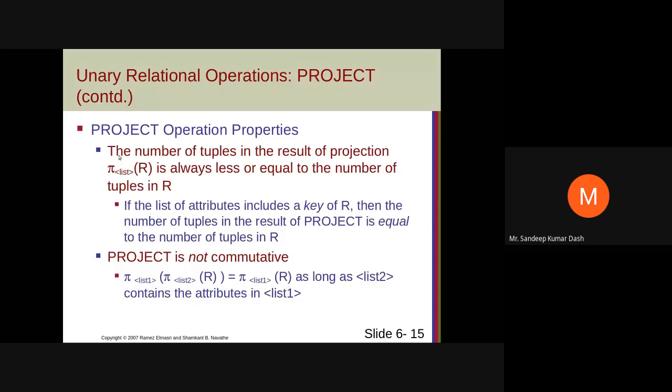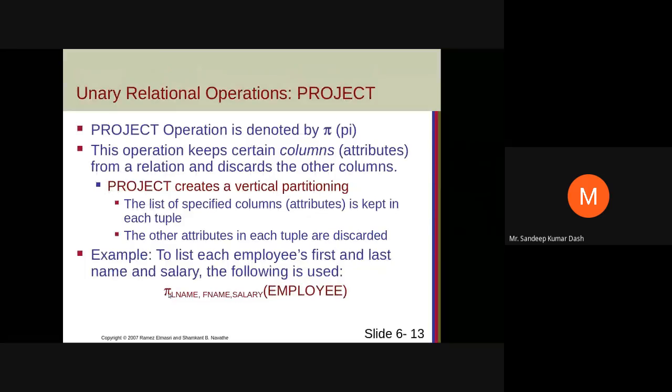The example is pi last name, first name, salary. Suppose you want only two columns, first name and salary, or department name and department location. Those can be mentioned here with the relation name department.